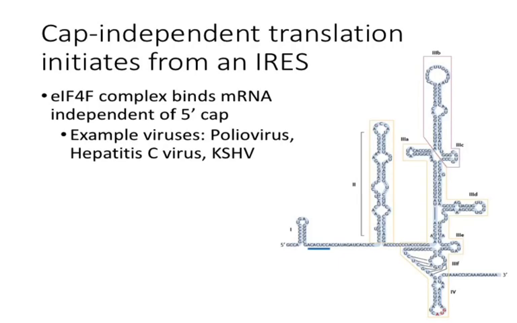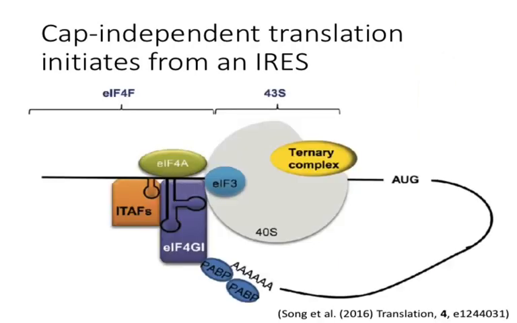The goal of IRESes is to make translation independent of the cap. And you might start to see where this becomes very beneficial to a virus. A virus could stop cap-dependent translation and yet still encourage its own translation to take place by encoding one of these IRESes. We'll come back to that later on.